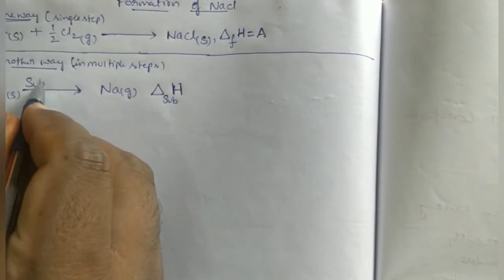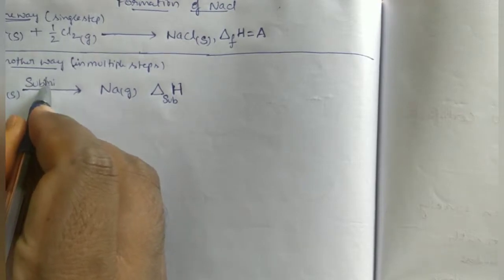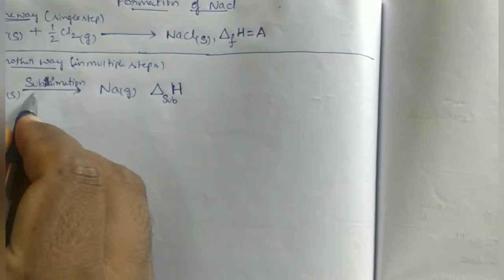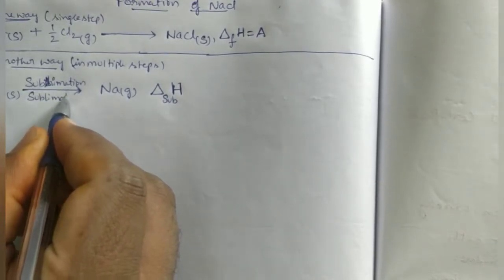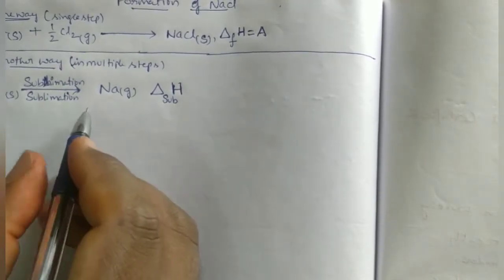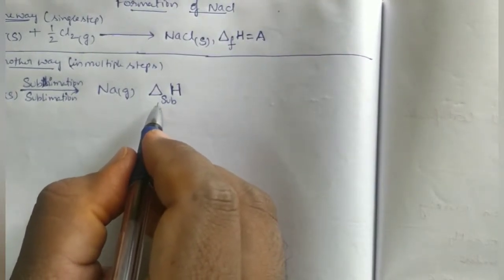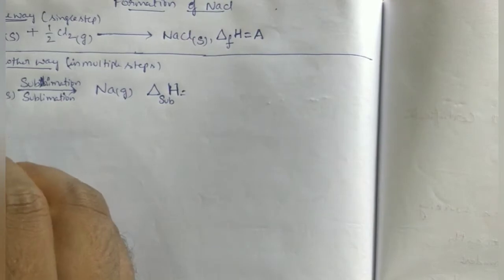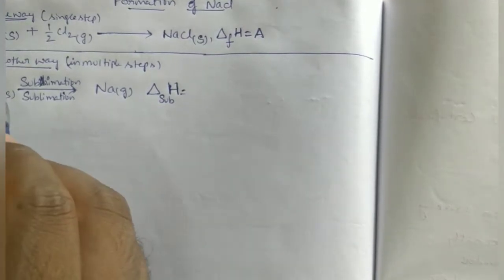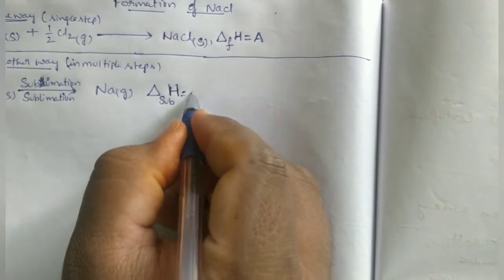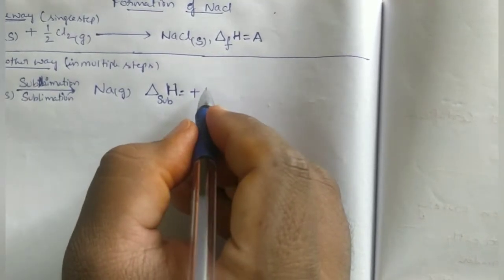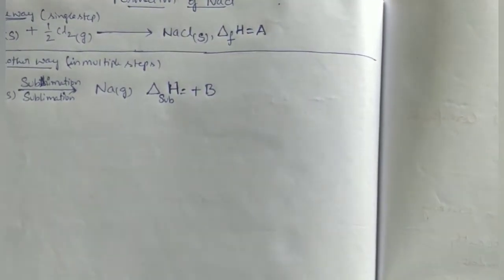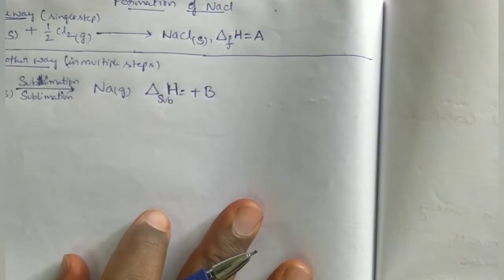That process is called sublimation. For that first step, the delta H involved is the enthalpy of sublimation, which is positive, because only by absorbing energy is sodium solid converted to gas. Then it is a positive sign with capital B representation.